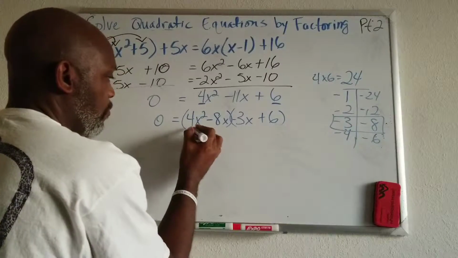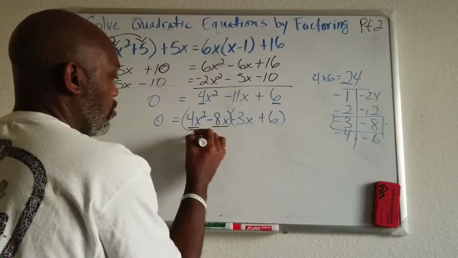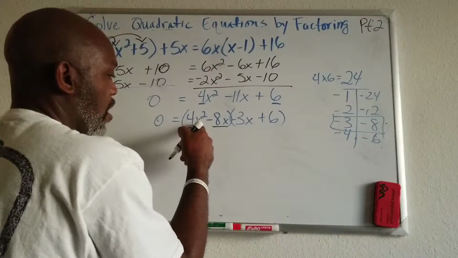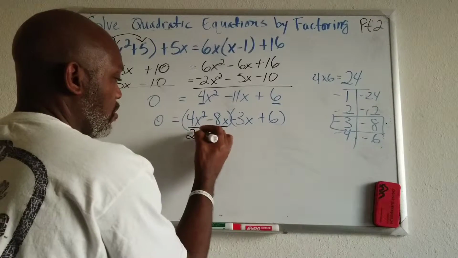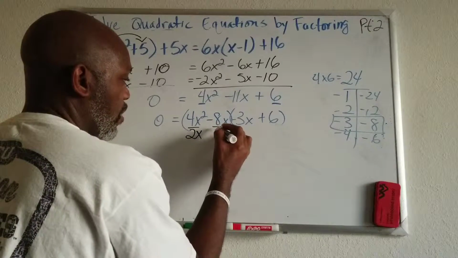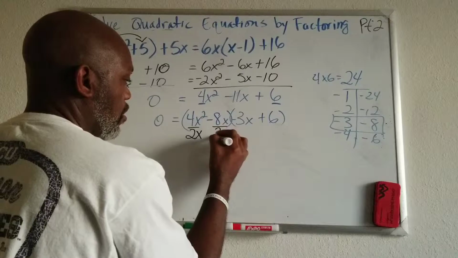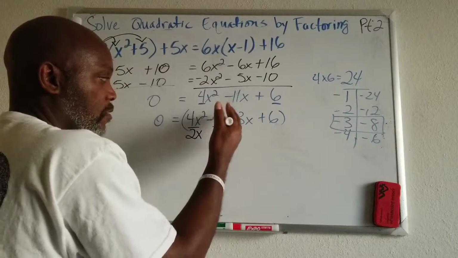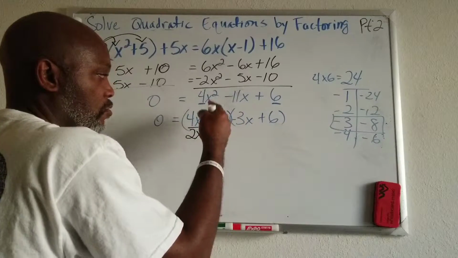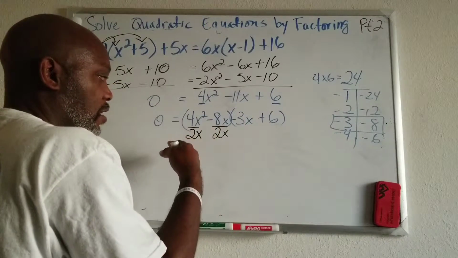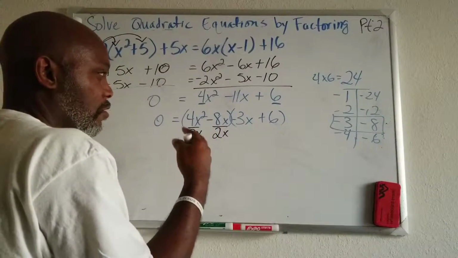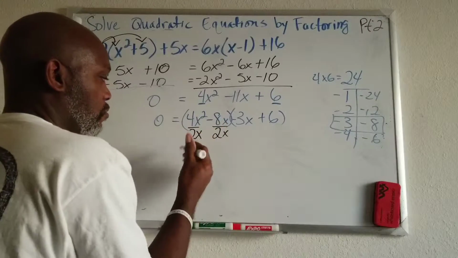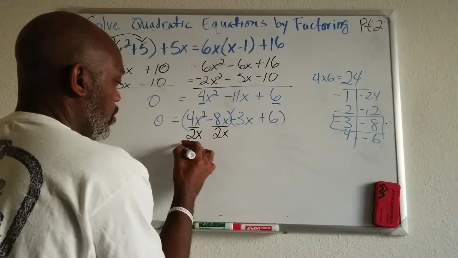The greatest common factor between 4 and 8 is 2. The greatest common factor between x squared and x is x. And the reason why is that x to the first is the smallest exponent, not coefficient. So the smaller exponent is the greatest common factor in variables. So we have 2x.